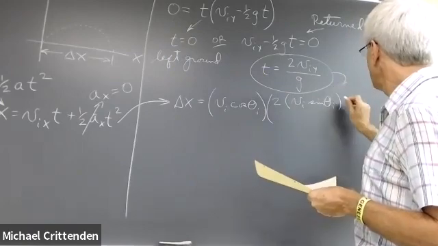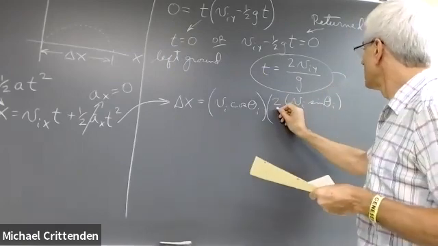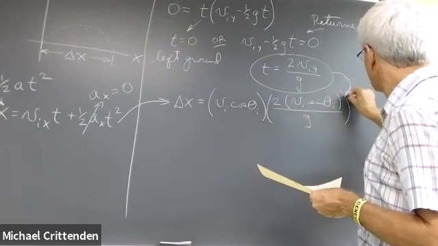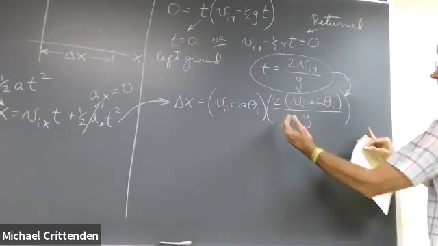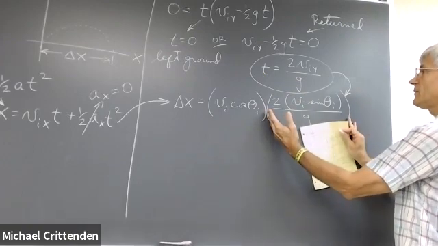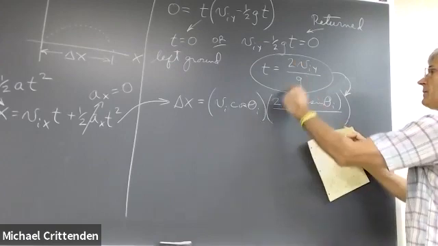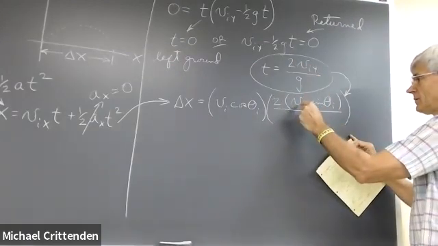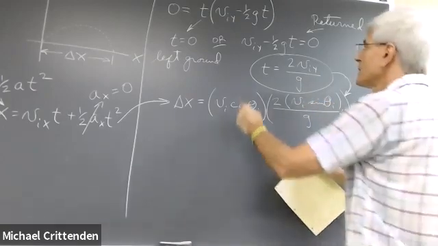Maybe I should do it this way. Okay, so from there to there, that's the time. Copy the 2, copy the g, and v initial y is hypotenuse times the sine.